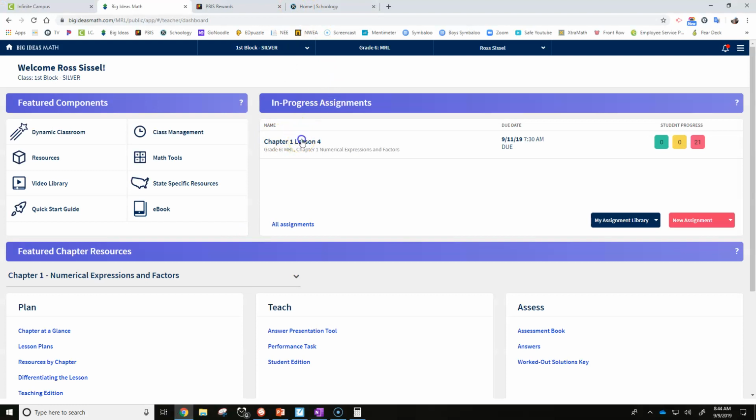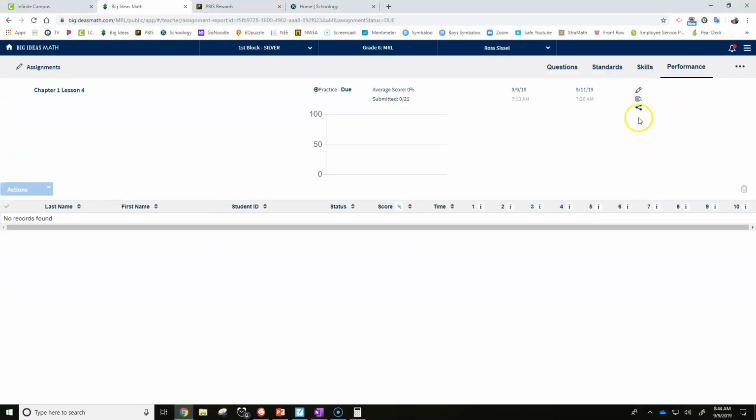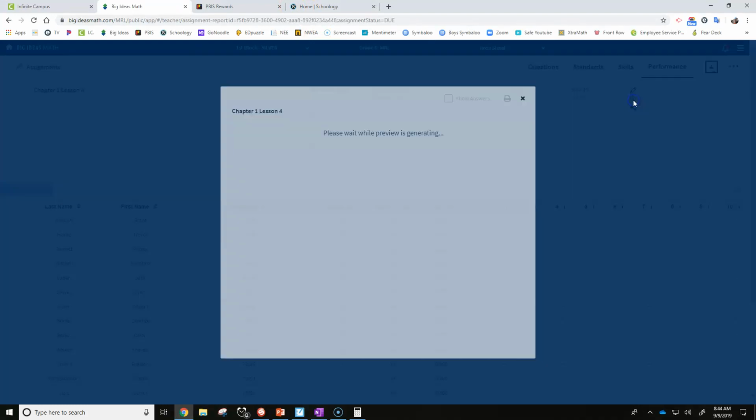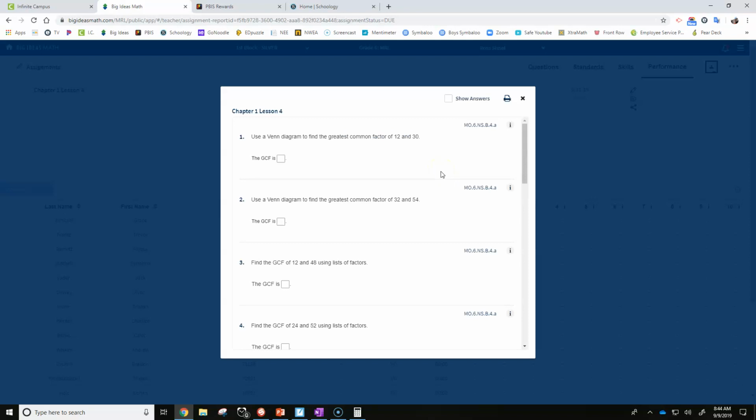Alright. And before you start working, let me go to your lesson. It is 10 questions long. You must show all your work, but here's the big thing. Pay attention to this. These are your questions. On number 1 and 2, and it says use a Venn diagram, you do not have to. Show your work. On number 1 and 2, you may find your greatest common factor any method you like.